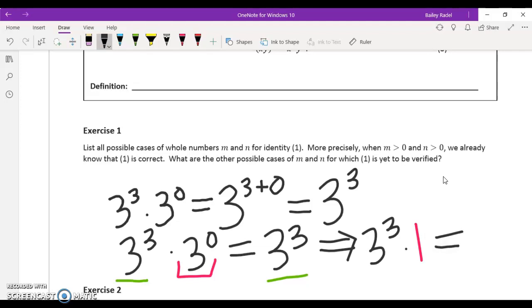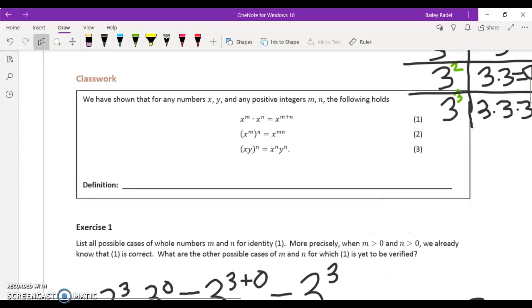So 3 raised to the 3 times 1 will be equal to 3 raised to the 3. And so it must be true that the 3 raised to the 0 is the same thing as 1. It is equal to 1.